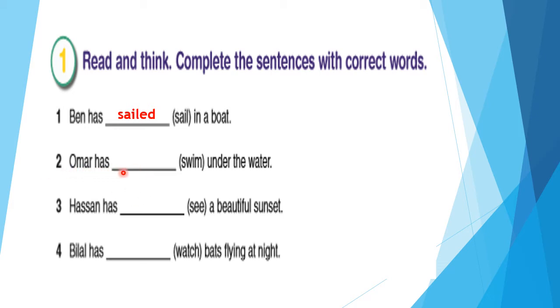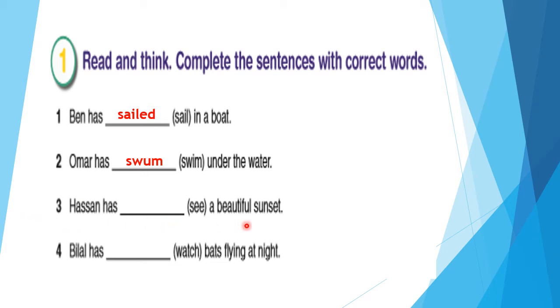2. Omar has swim under the water. Here we have has. We said after has, we use the past participle form of the verb. What's the past participle for swim? It is swum. So read the sentence. Omar has swum under the water. 3.